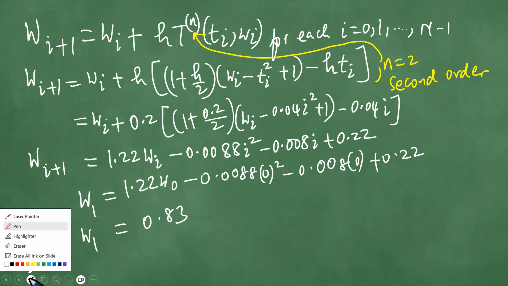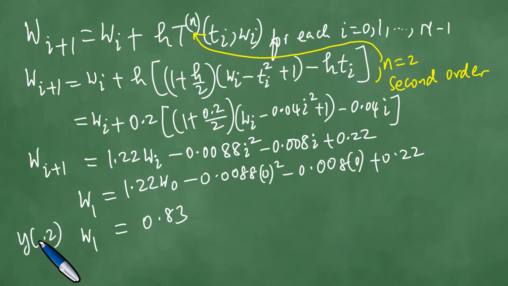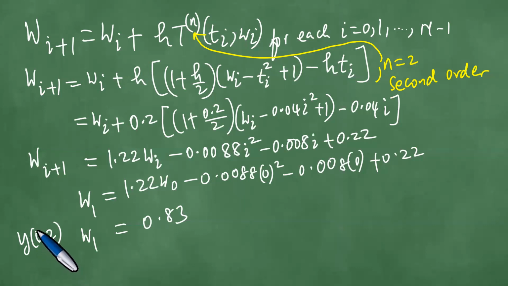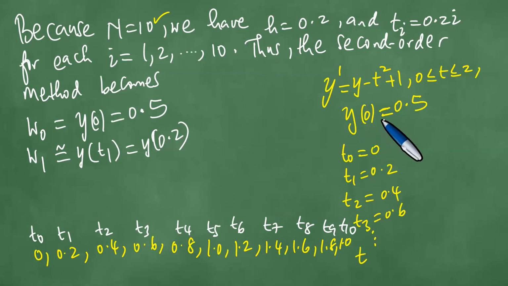Okay, let's look at this one here. So the Y at 0.2 is W1, which is this. W1, because W0 we know is the initial value, which is 0.5.